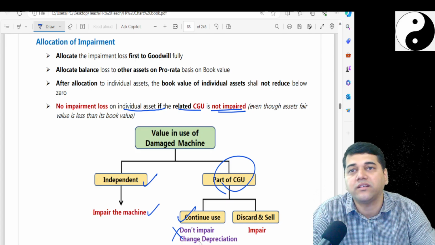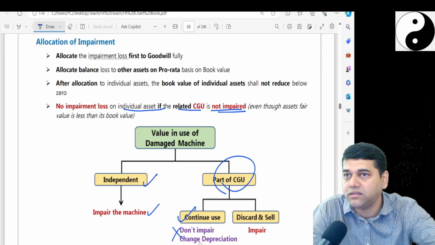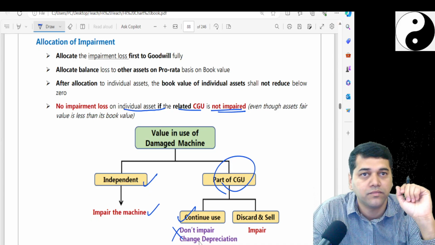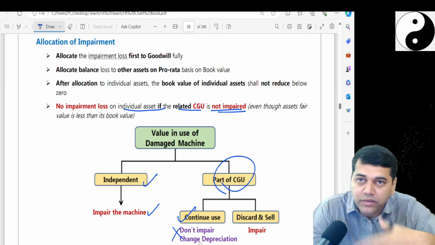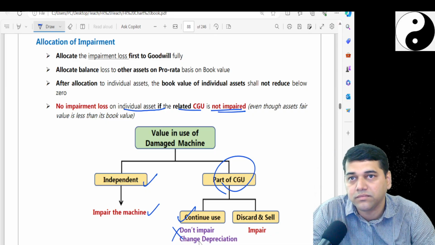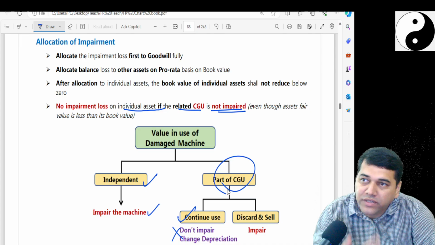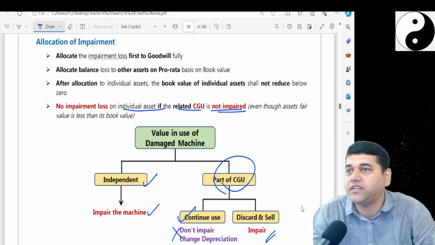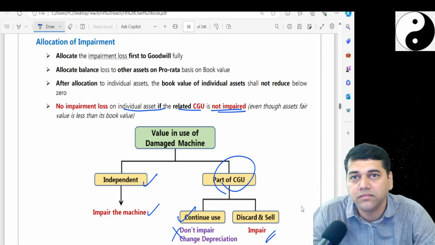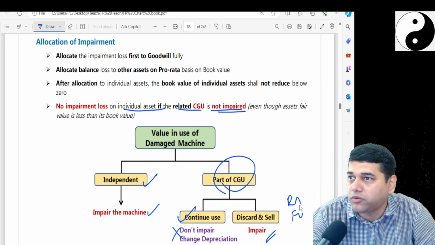Like suppose there is a group of animals, and one of the animals gets injured. Now the question comes, whether that group is going to leave it or take it along. Something like that. Now if you plan to discard it, abandon it, yes, definitely you have to impair, because you have got a fair value now. Fair value is the best estimation of recoverable amount.